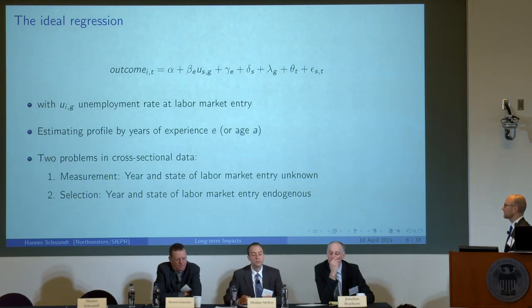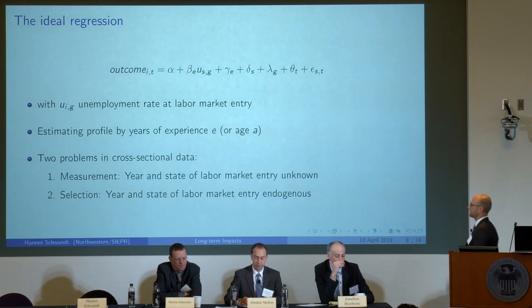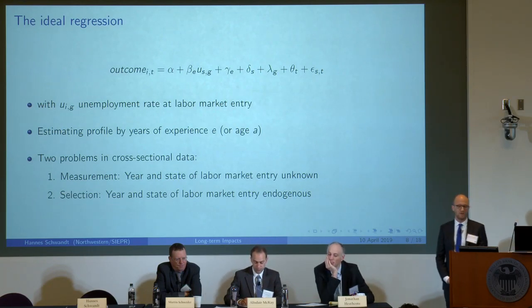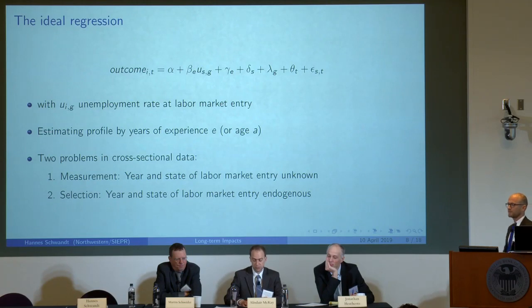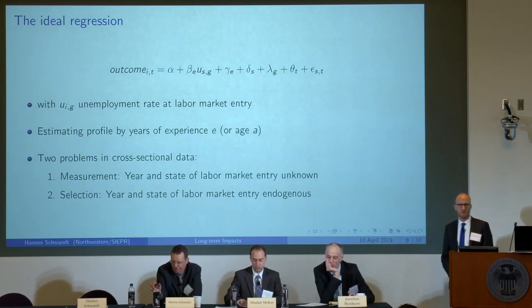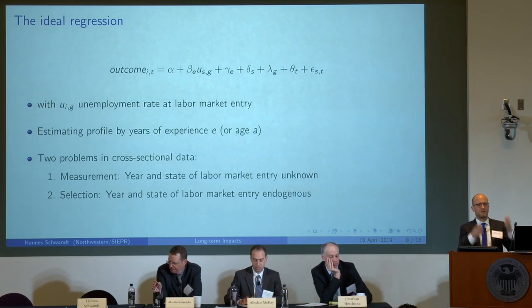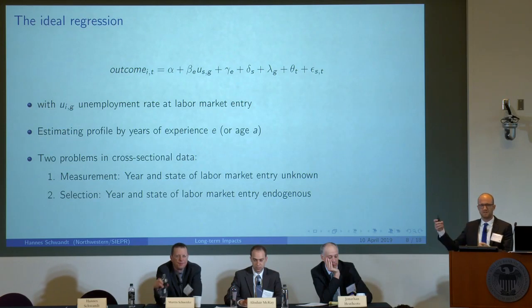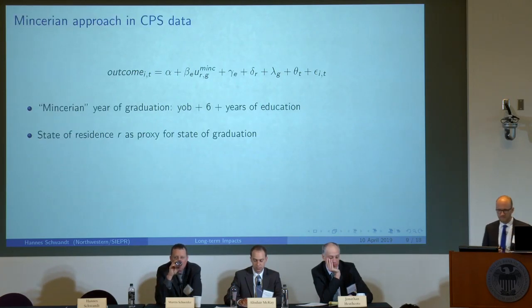Another issue is that the year and state of labor market entry could be endogenous. So let's say high school graduates who face a recession might decide to stay in education longer. Or if you have a local recession, let's say in Minnesota, but conditions are much better in Wisconsin, you might move across state lines.